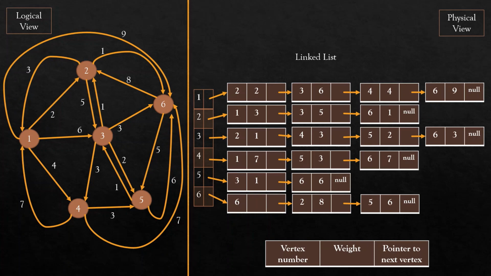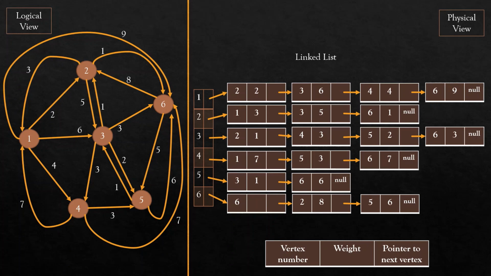Let us consider the first linked list that is formed. The first linked list is formed to represent all the vertices that we can directly go to from 1. From 1, I can directly go to 2, 3, 4 and 6. So, there are 4 elements in the linked list, namely the vertices 2, 3, 4 and 6.